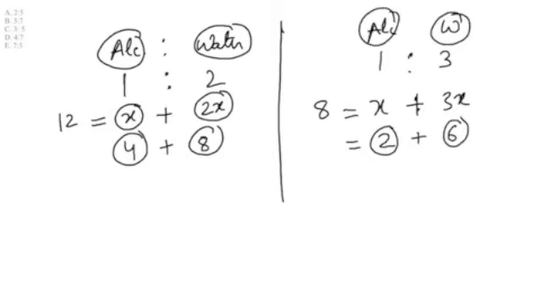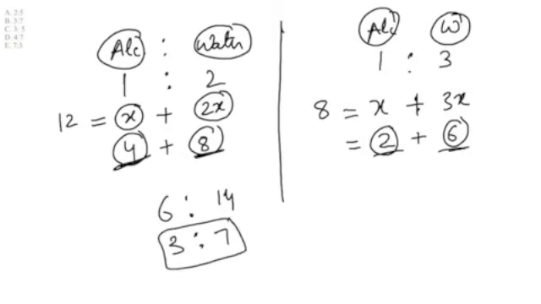Now the question is, if we combine these two, total alcohol becomes 6, total water becomes 14. If we divide by 2, it becomes 3:7. This is the new ratio of alcohol to water. That's what we need.